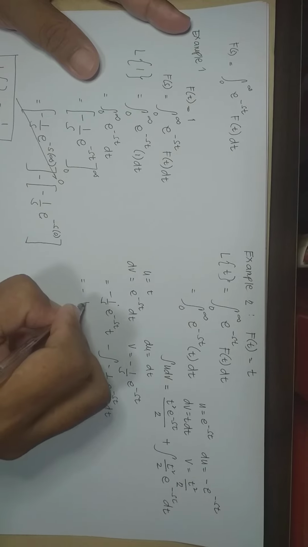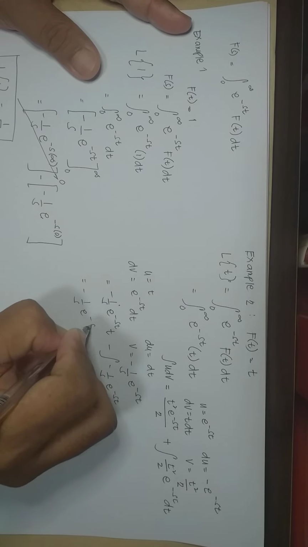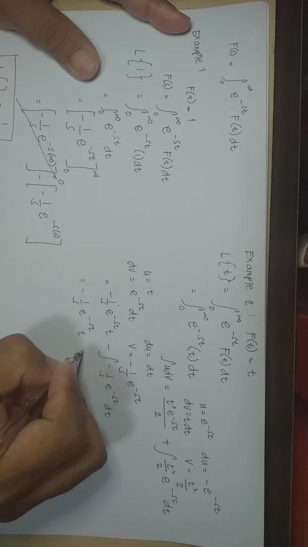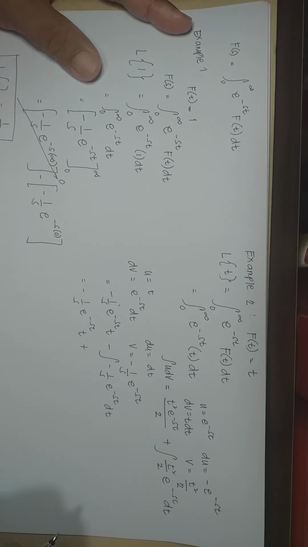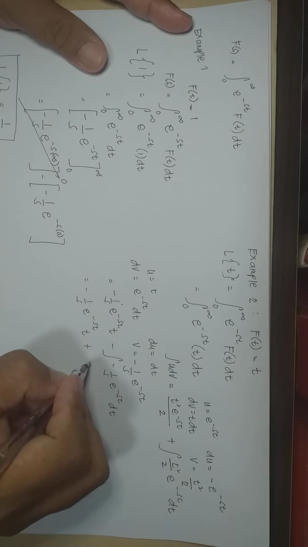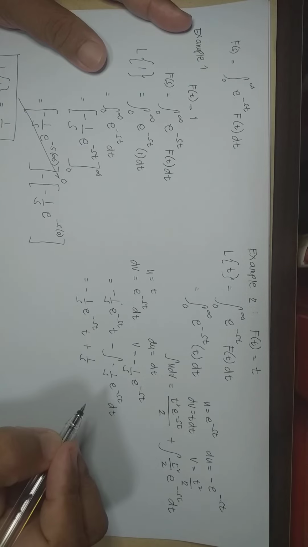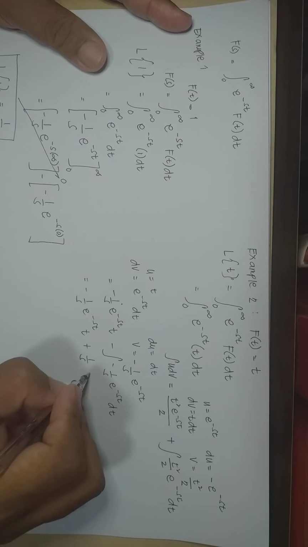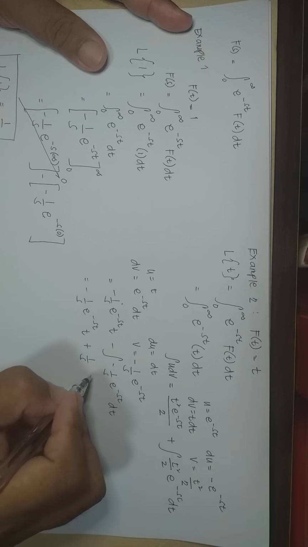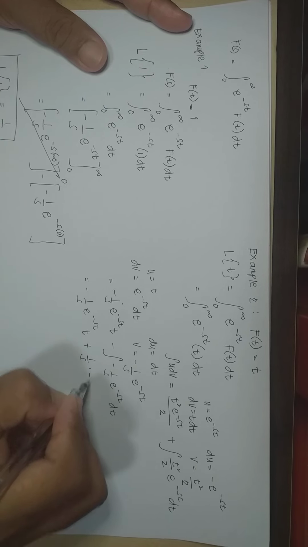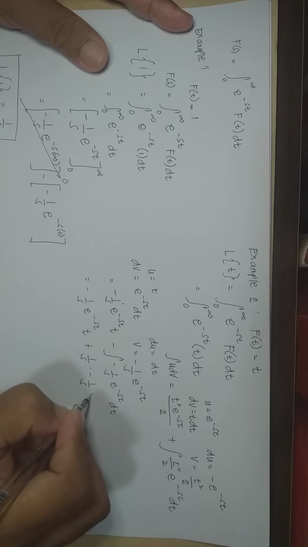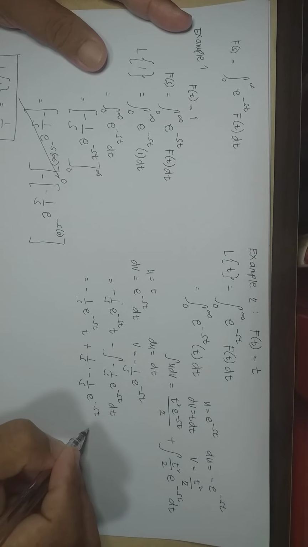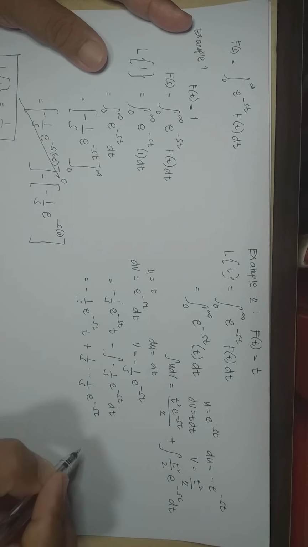Or we have negative 1 over s e to the negative st times t plus 1 over s times negative 1 over s e to the negative st. Okay?